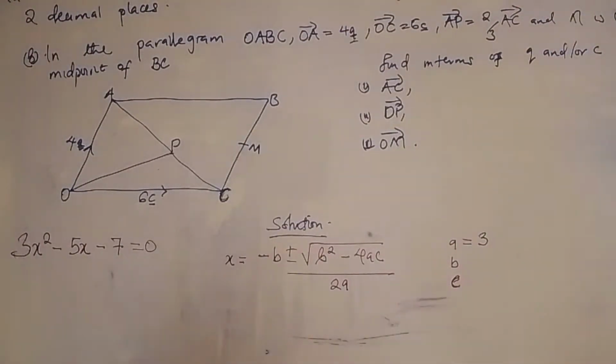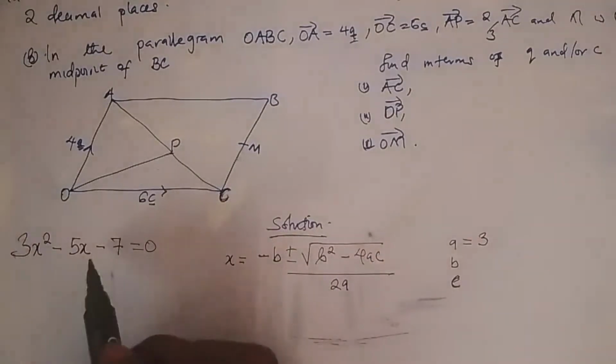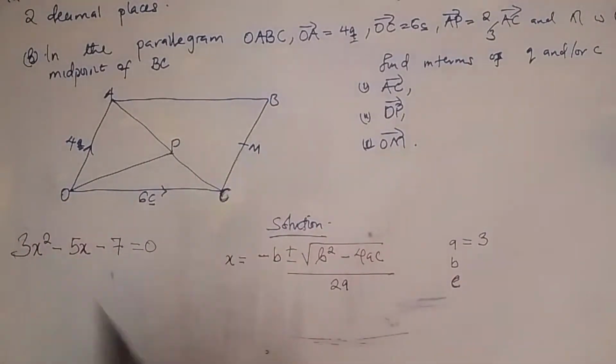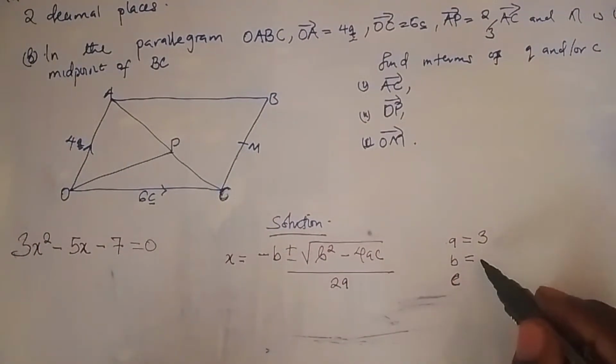Then next we are going to move to B. So B is just a number which has x with no square, which is this one. So this one is our B. So you say B is equal to negative 5.